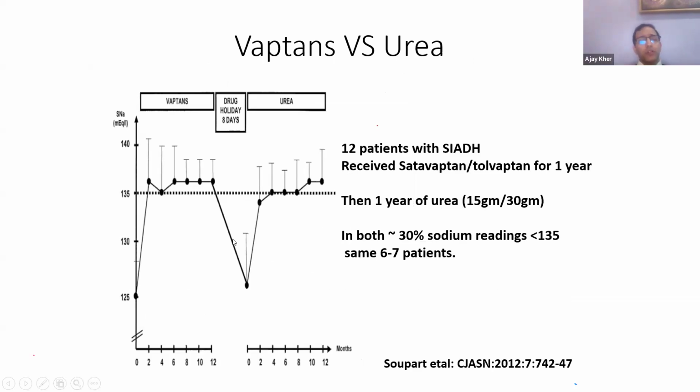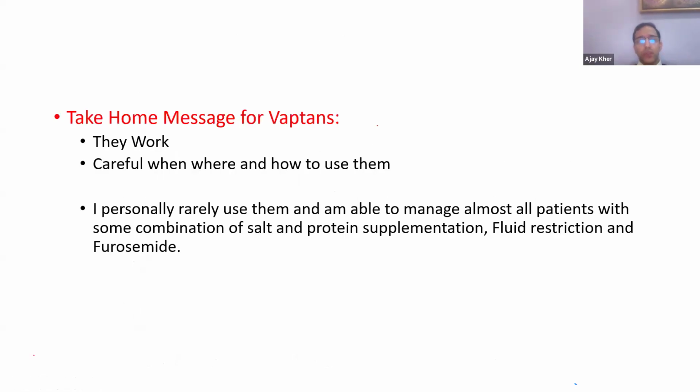They stopped the tolvaptan, saw them develop hyponatremia, and then he gave them urea tablets. And with the urea tablets, they came back up. So again, urea tablets or protein supplementation or salt supplementation, if it is SIADH, are ways of giving extra solute, and that can correct your hyponatremia as well. So that's what this study proves.